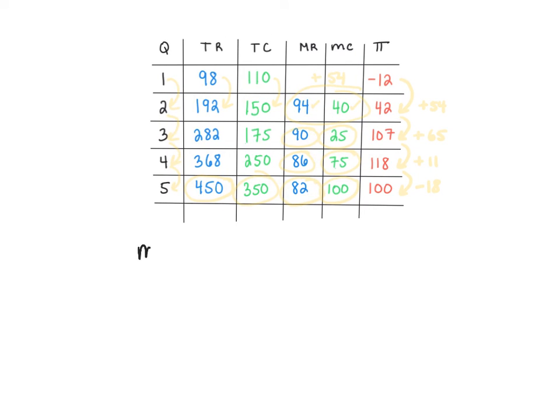Allow me to summarize. Anytime a firm's marginal revenue is more than its marginal cost, the firm should increase its output, because in increasing its output, it will increase its total profit. Whenever a firm's marginal revenue is less than its marginal cost, the firm should lower its total output. In lowering its total output, its profit will go up.